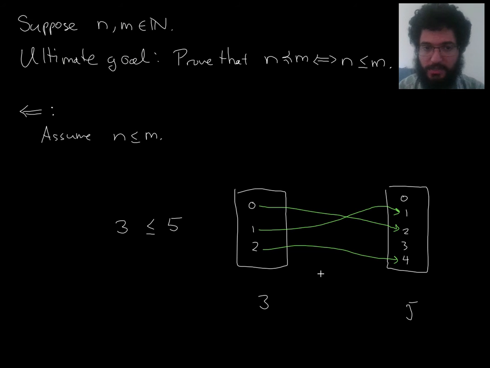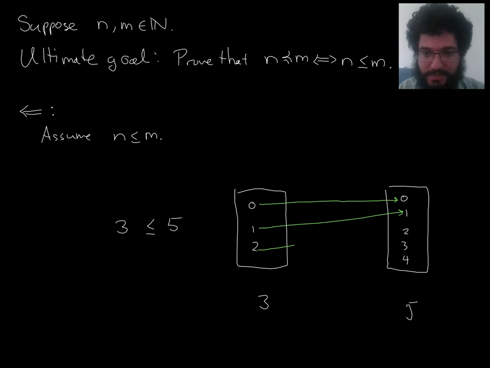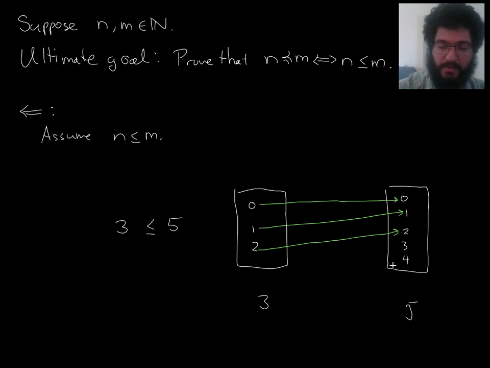But the goal is actually to do it in a systematic way so that you can make an argument that works in general. So what would you do here? Probably just send each number to itself. That's very easy to describe, right? That would be an injection. So that's what we're going to do.